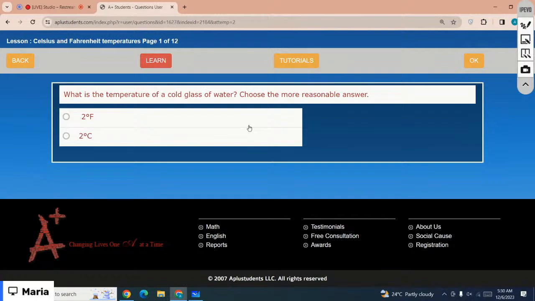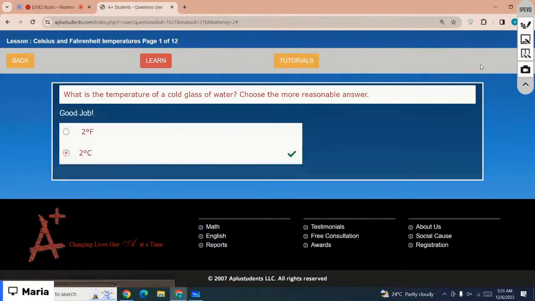That is 2 degrees Celsius, right? Because 2 Fahrenheit is too hot. That would be 2 degrees Celsius. 2 degrees Celsius is a cold one, right?